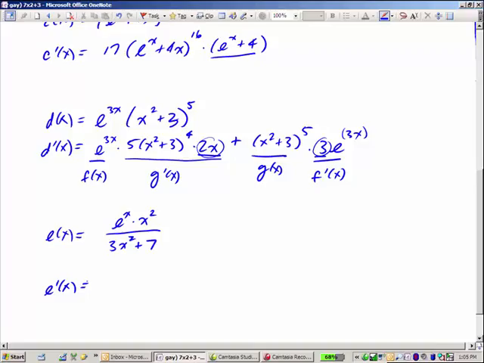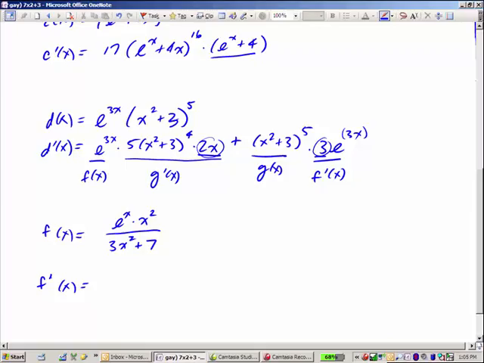Hold on, why are we changing it? So you said it's the quotient rule.